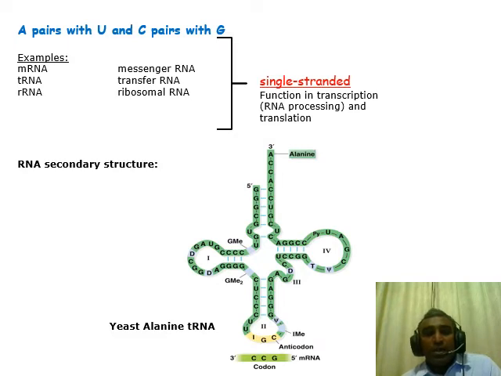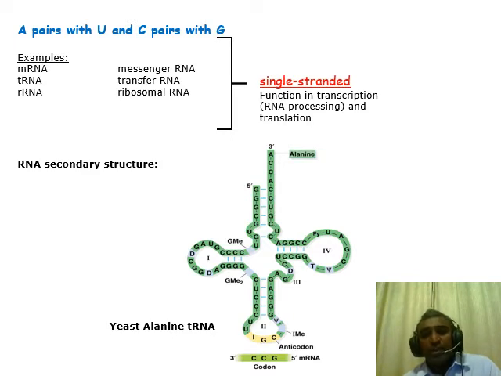Okay. And then it is divided into mRNA, tRNA, and rRNA. M stands for messenger RNA, T for transfer RNA, and R for ribosomal RNA.